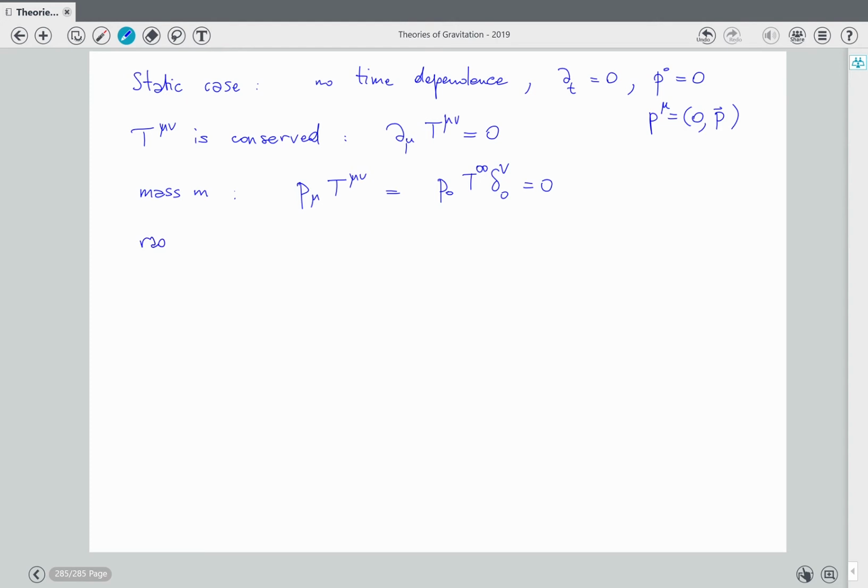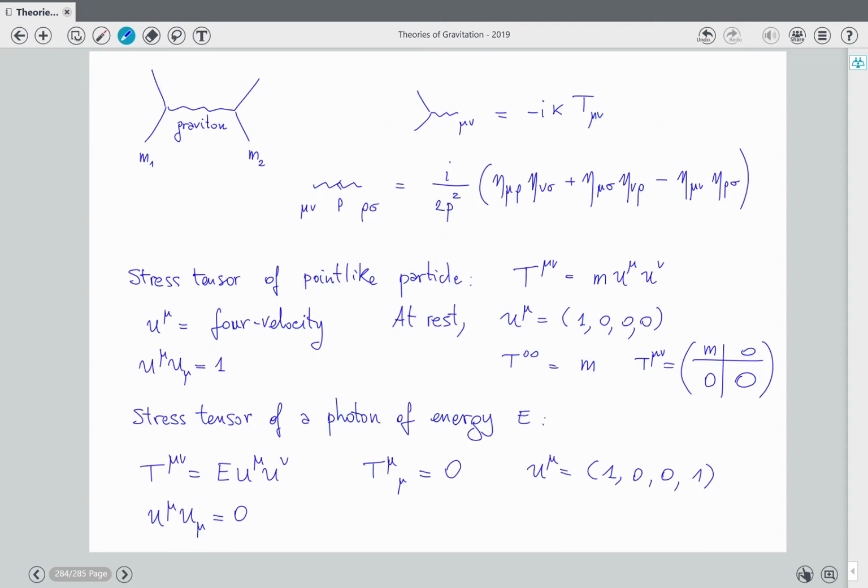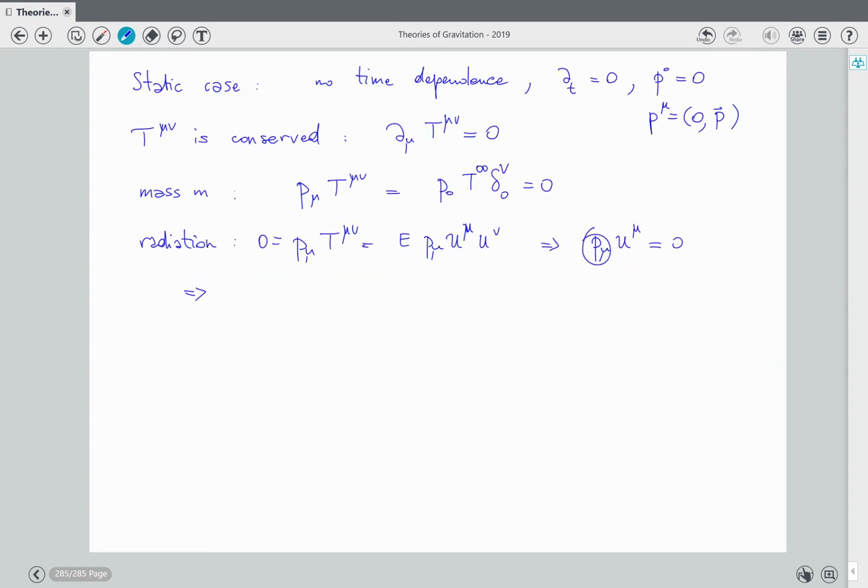In the case of radiation, instead, you want P mu T mu nu equals 0, and that is equal to E P mu U mu U nu. So you want these four vectors to be orthogonal, and that means that since U mu has only components 0 and 3, that just means that the spatial p should have no component 3.